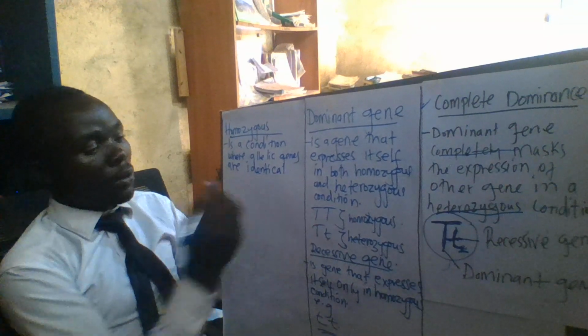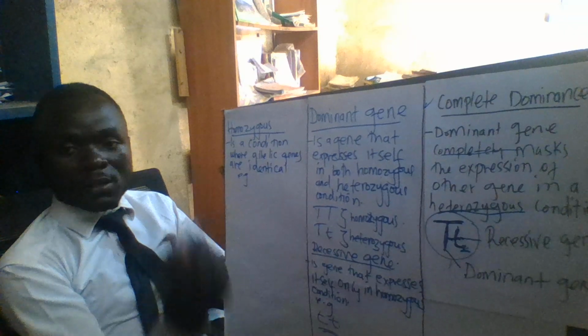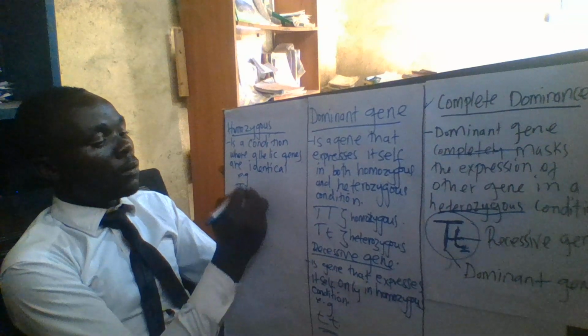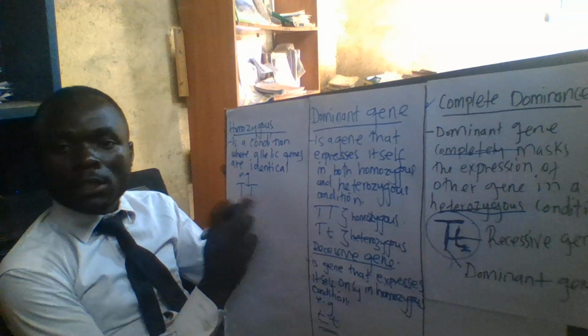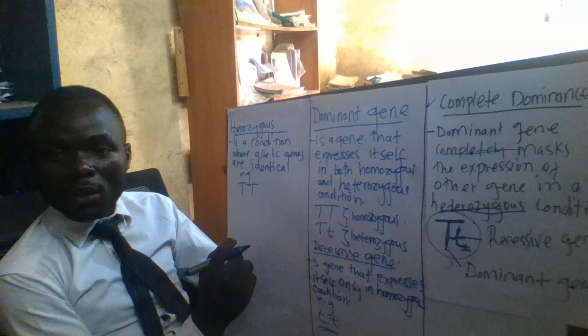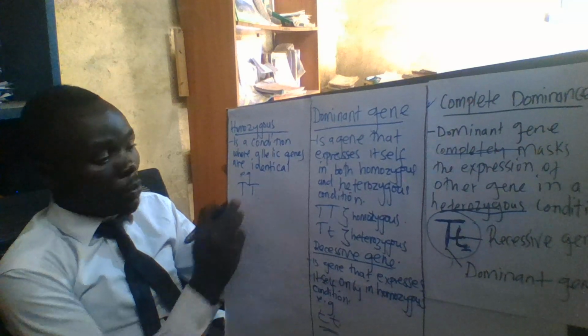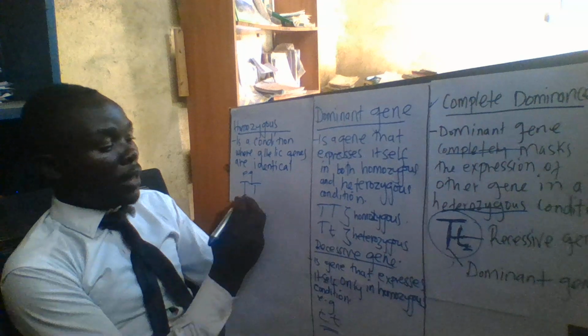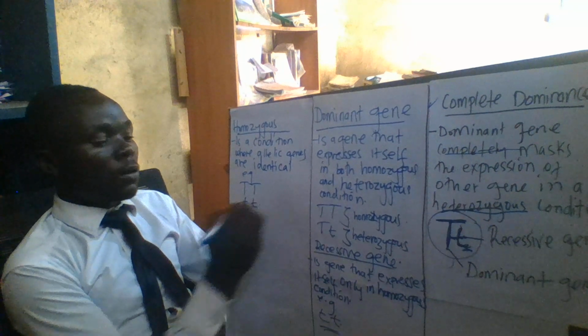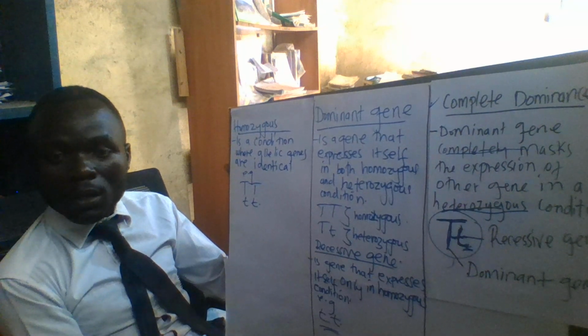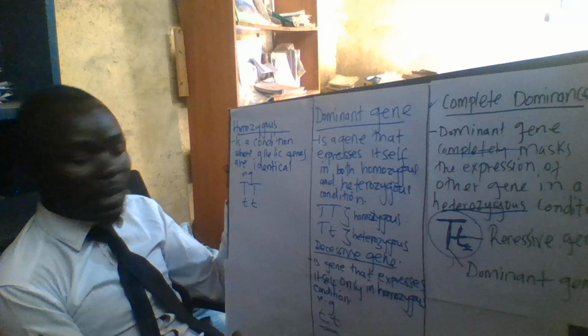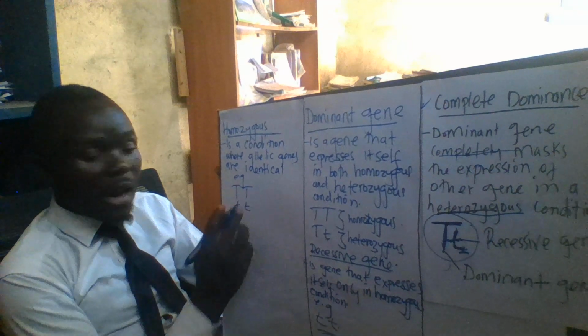An example: TT, capital T. Are they identical? The answer is yes, because all of them are capital. Then you see the small letter t, all of them are identical.